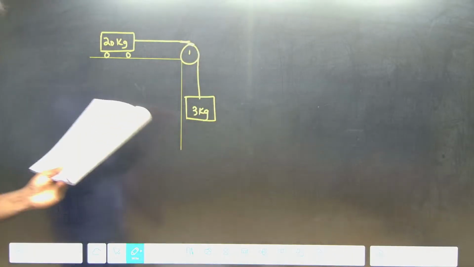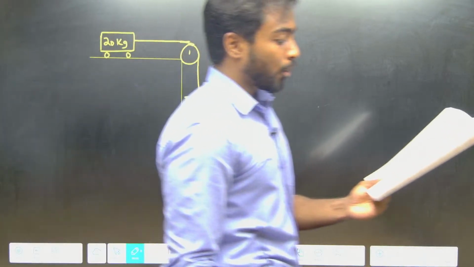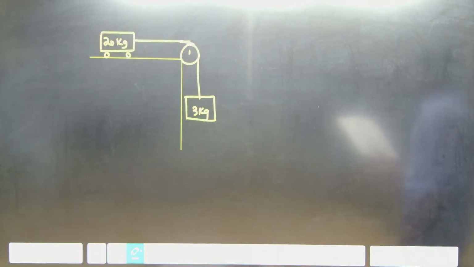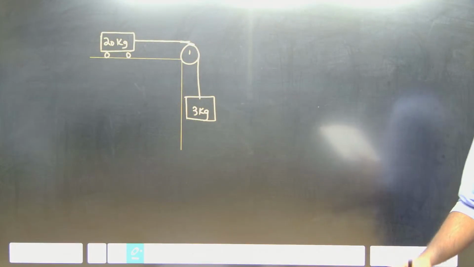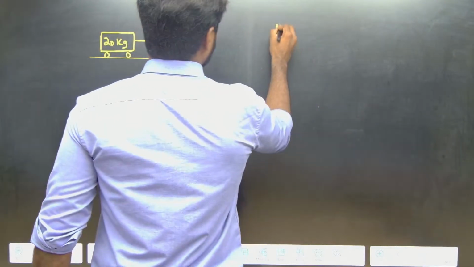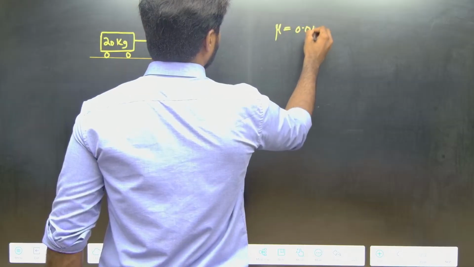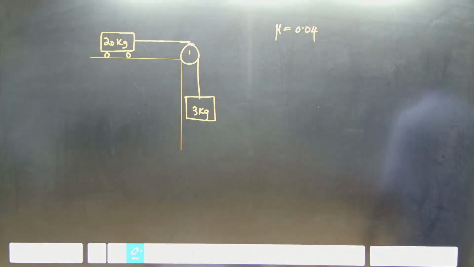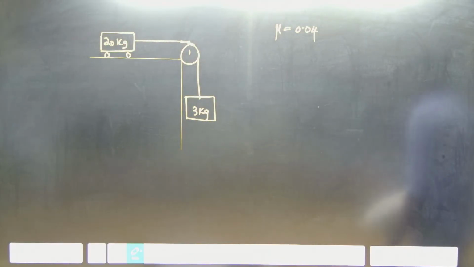What is the acceleration of the block on the trolley shown in the given system, if the coefficient of friction between the trolley and the surface is mu equal to 0.04? What is the tension in the string? This is the question.